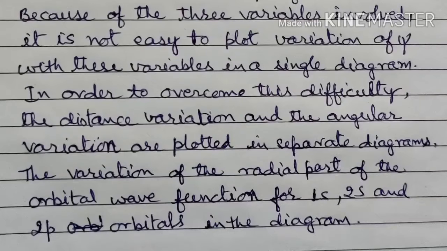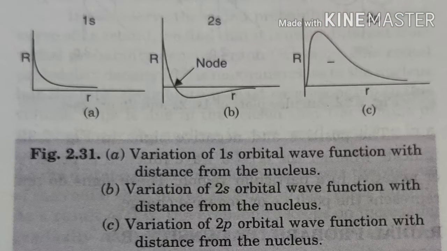The variation of the radial part of the orbital wave function for 1s, 2s and 2p orbitals is given in the figure. In the 1s, it is R(r) versus r. For the 2s, you can see one curve, plotted as the variation of the 2s orbital wave function with the distance from the nucleus.